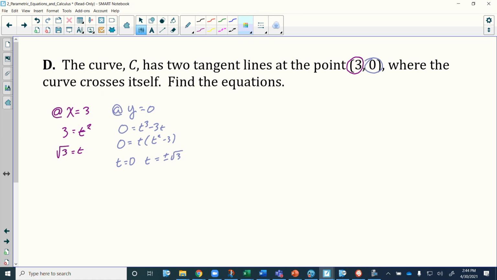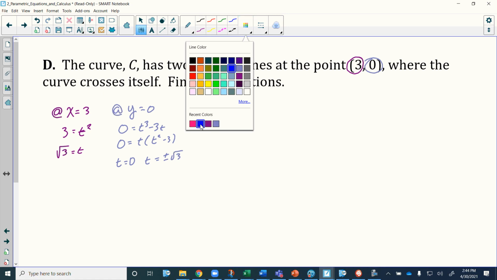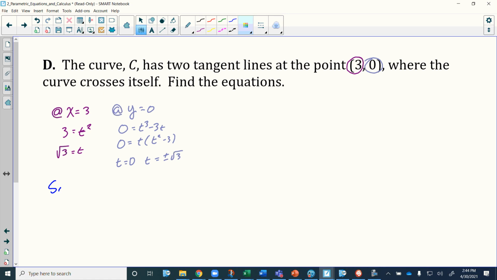So what this means here, the positive and negative square root of 3 are the only values of t that would result in a point of 3 and 0.